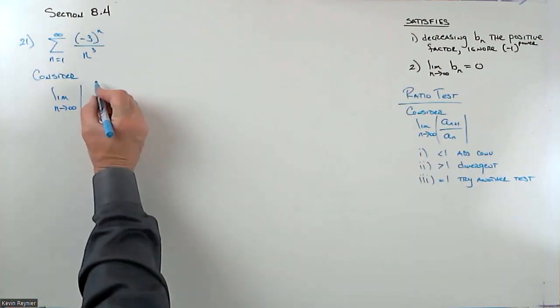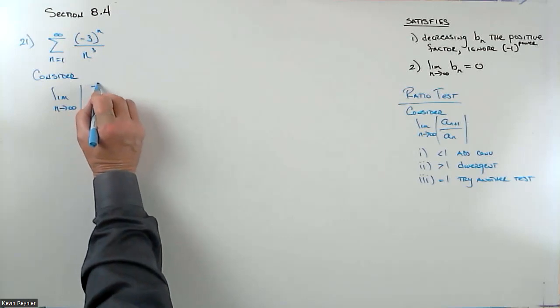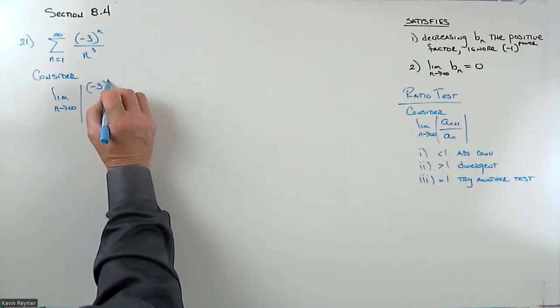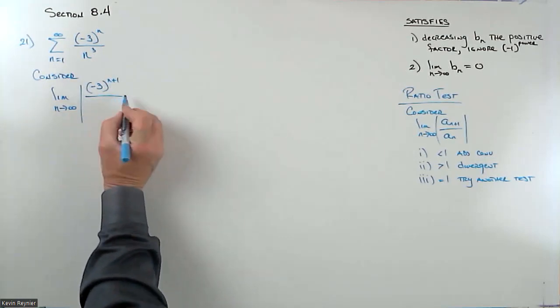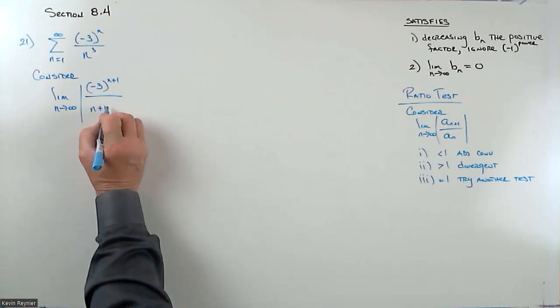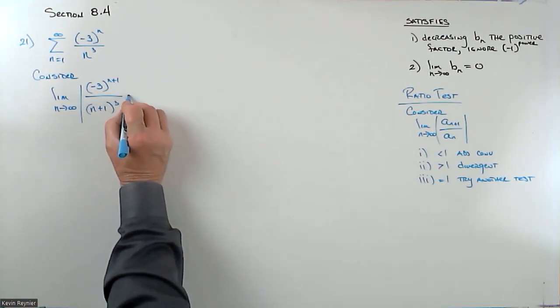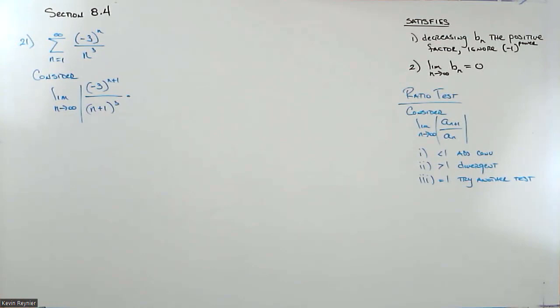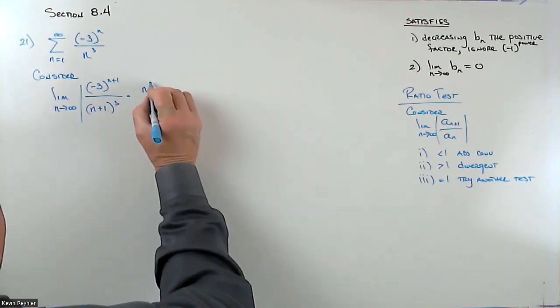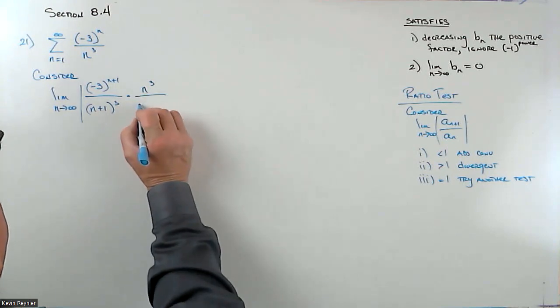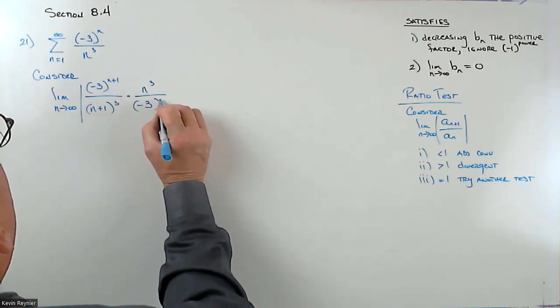So we're going to put an n plus 1 in here. So that's going to be negative 3 to the n plus 1 over n plus 1 cubed. And instead of dividing and making a complex fraction, I'm going to multiply by the reciprocal. So here I'm going to have n cubed. And then here I'm going to have negative 3 to the n.